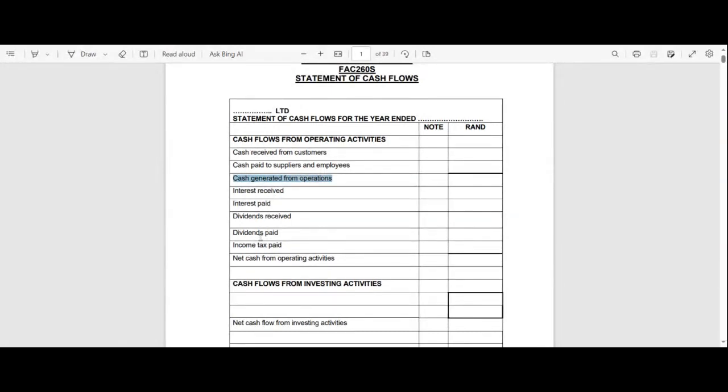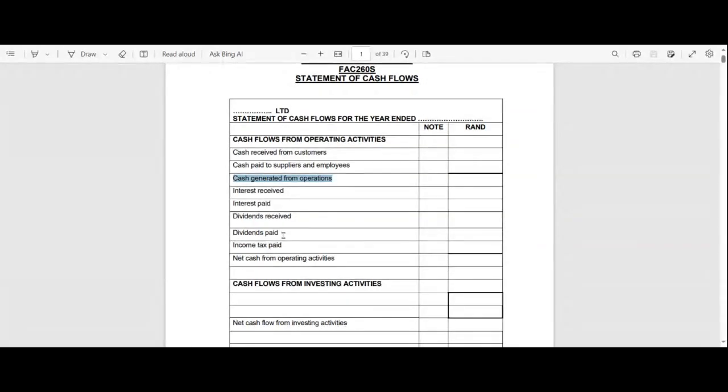So our first major point here, ladies and gentlemen, was those are the only 5 items. So we can basically memorize them, and then we know that we won't forget or omit any one of them. The second one is that even though they are very closely related in the case of interest received and dividends received to your investing activities, we still show the income thereon as part of our operating activities, not operations, but the other operating activities.